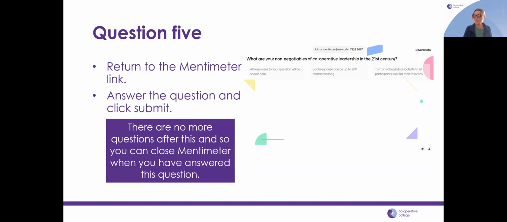Having been putting together information and working in cooperative leadership for a few years, it does feel like it would be great to set up a cooperative leadership network, or some sort of place or forum where people can come together and have that opportunity to chat through issues with different people working in the field of cooperatives, both members, workers, directors, volunteers, whatever in the cooperative movement, and sharing that kind of expertise.